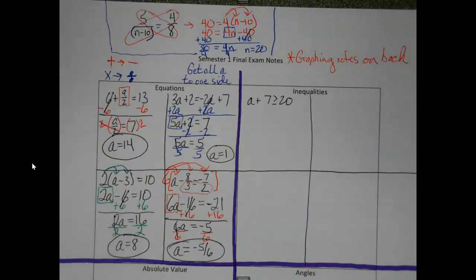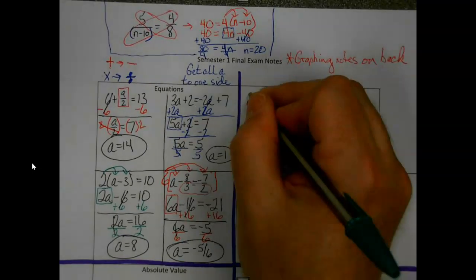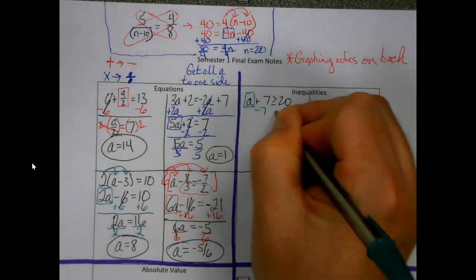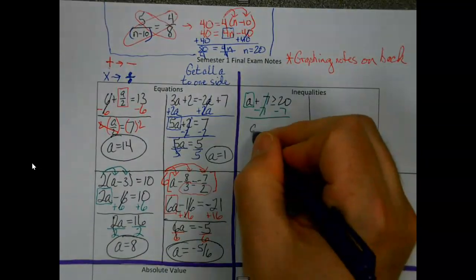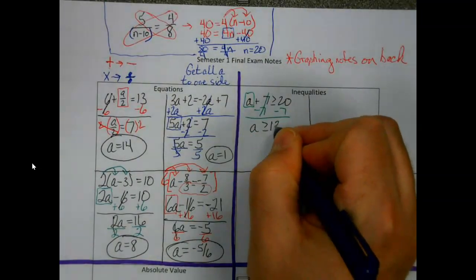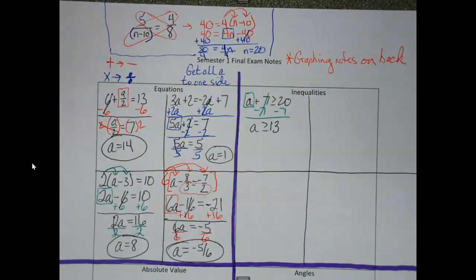So I look, I'm like, okay, this is like an equation. I get that on a side by itself. I'm good to go. So I'm like, okay, well, that wasn't bad.